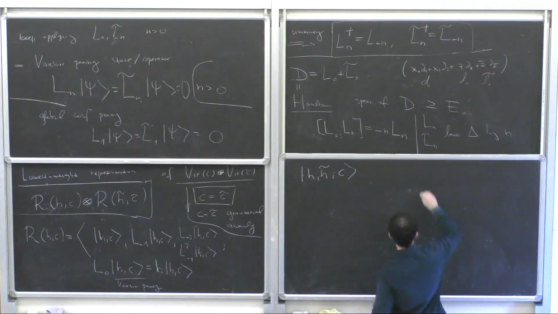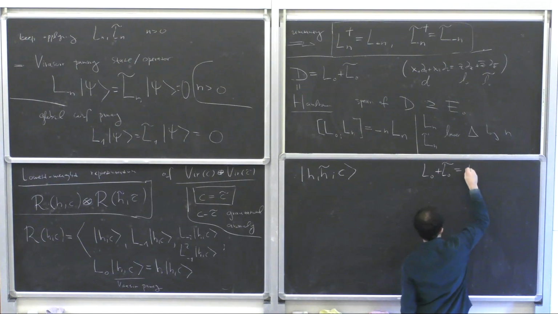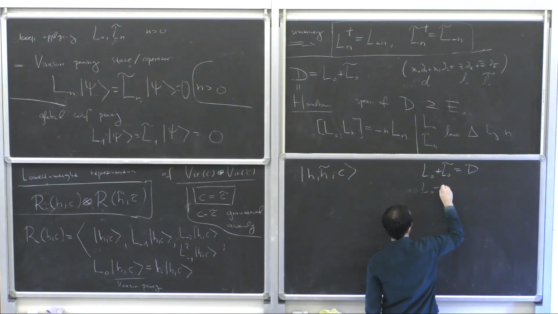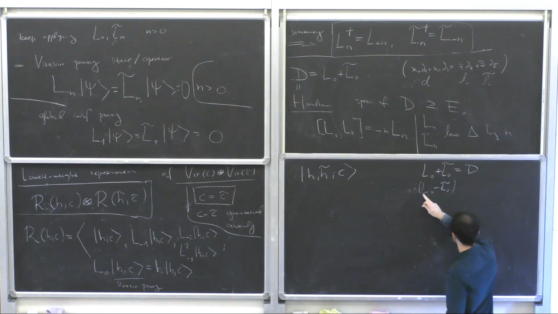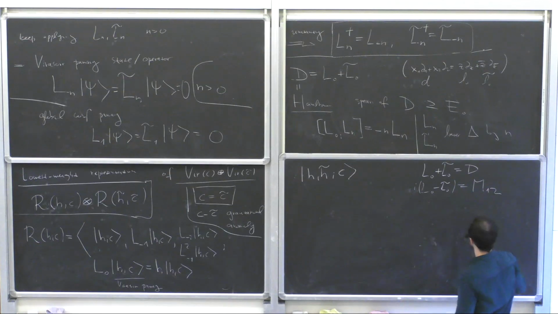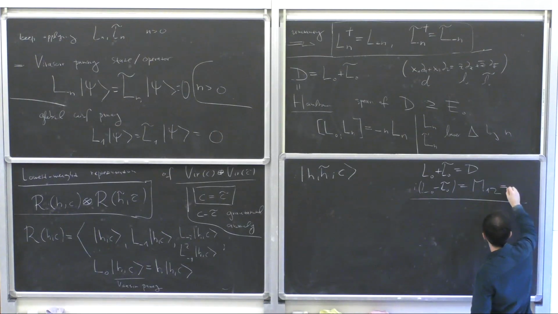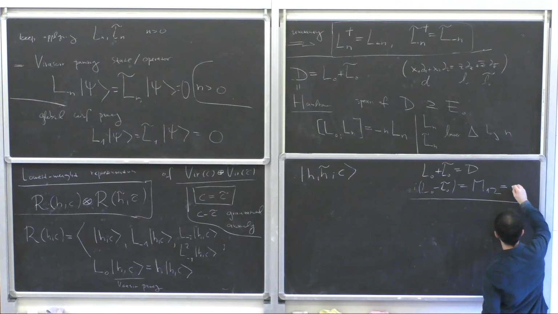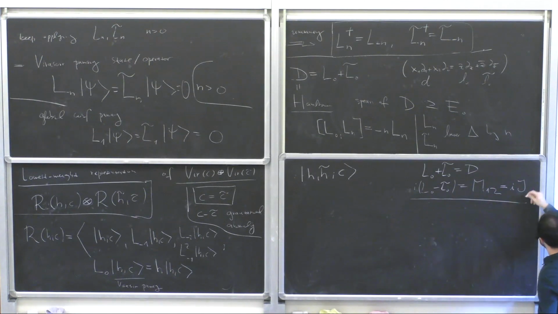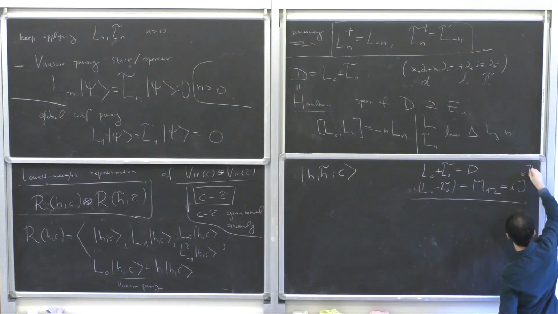We said that L0 plus L0 tilde is the dilatation, then L0 minus L0 tilde is Hermitian, so this is M12. This one measures the scaling dimension, this one measures the spin. M12 can be diagonalized in 2 dimensions, and it's anti-Hermitian, so it's like i times the spin, where spin is an integer.